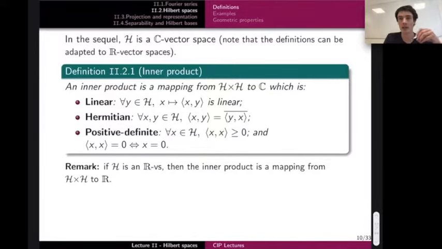For defining Hilbert spaces, we will need the definition of an inner product. So you're probably already aware of what an inner product is.